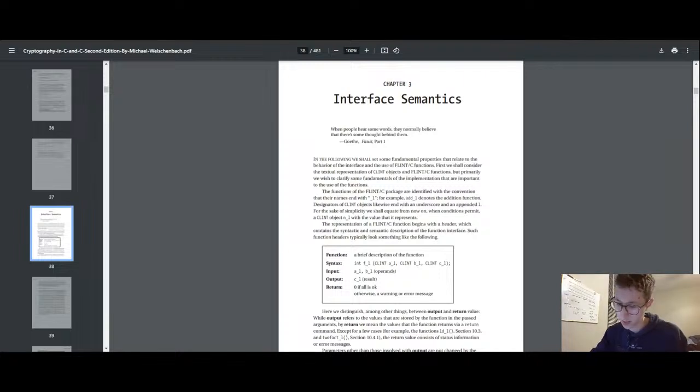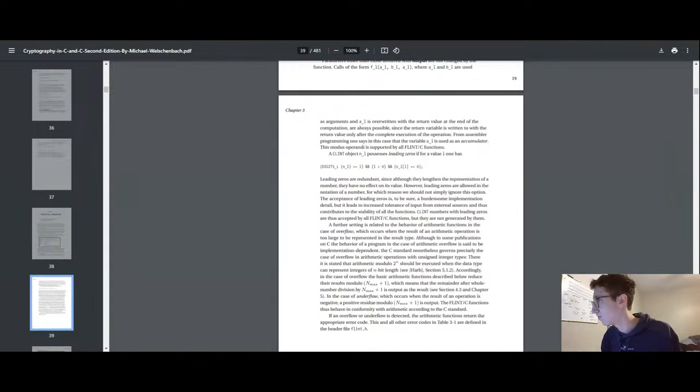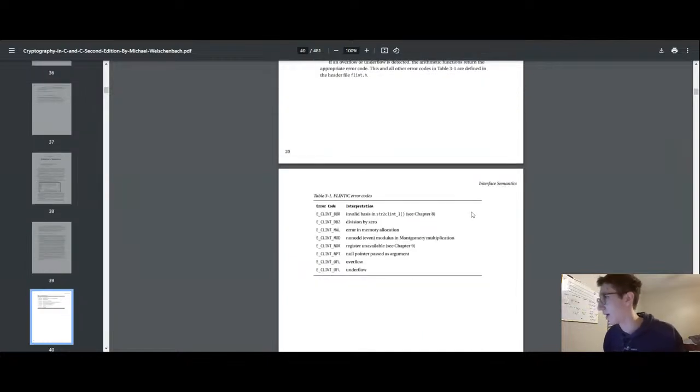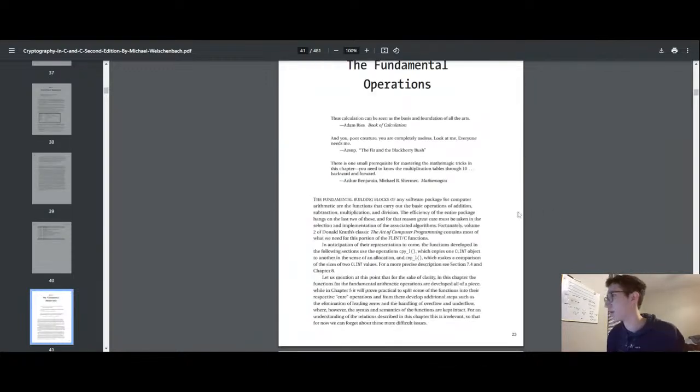If I'm not mistaken, I don't think this is important. This just means overflow, underflow. I did Compark, so this part makes sense to me. All right. Fundamental operations.